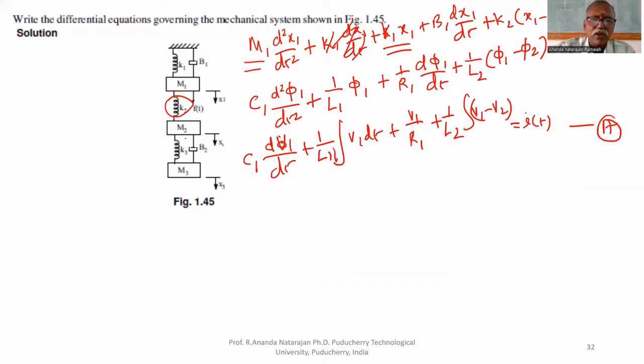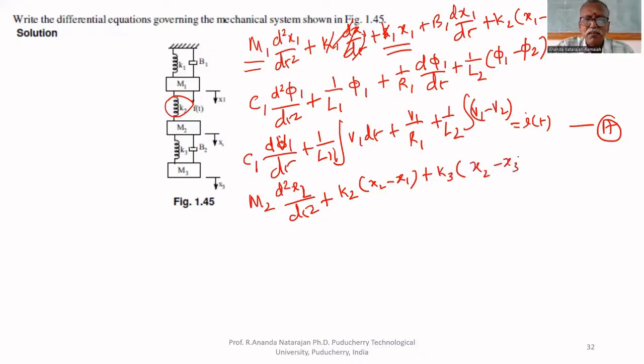The same way we can write for mass 2. M2 d square x2 by dt square plus K2 x2 minus x1 plus K3 x2 minus x3 plus B2 d by dt of x2 minus x3 equal to 0.